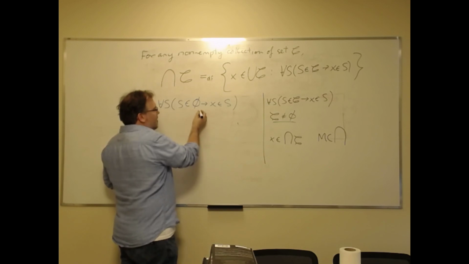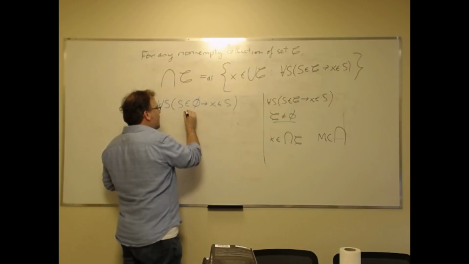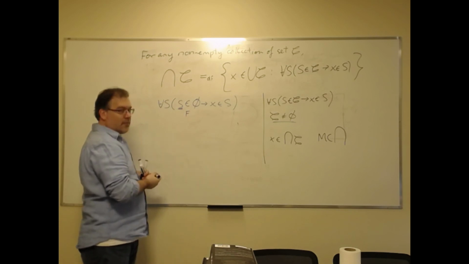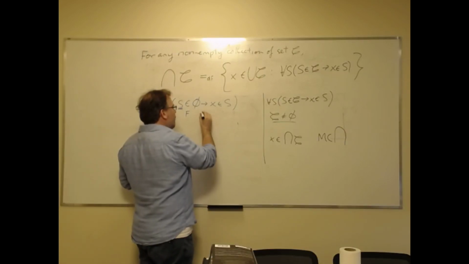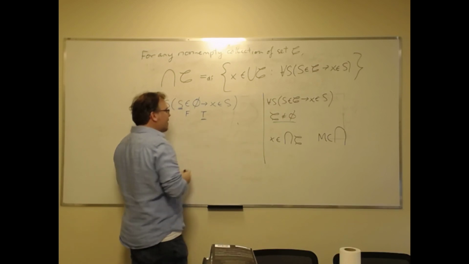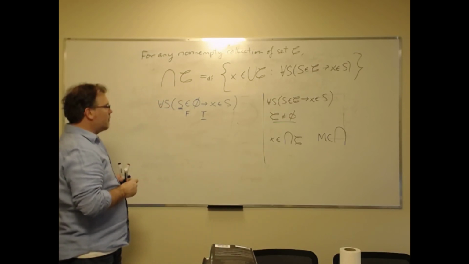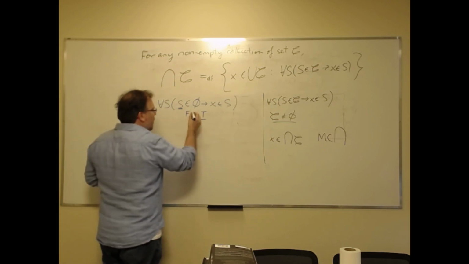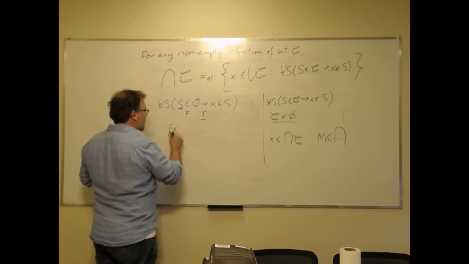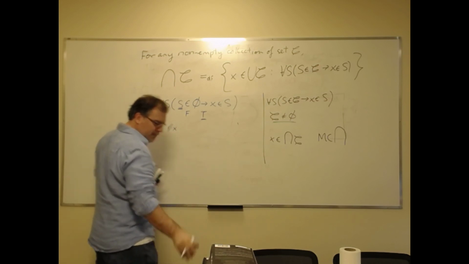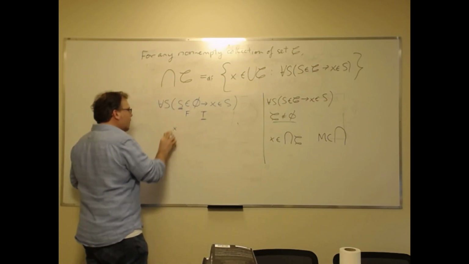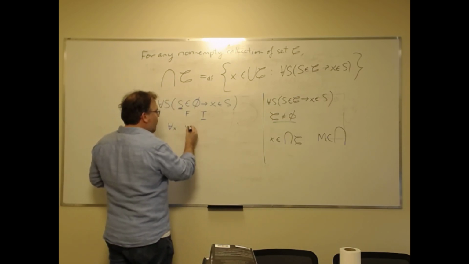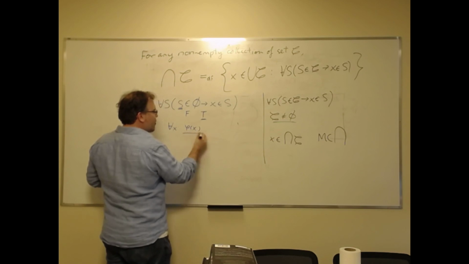So nothing is in an empty set, right? So that means the antecedent would be false for any set. That means the conditional would be true for any set. So for all x, the membership condition is true.